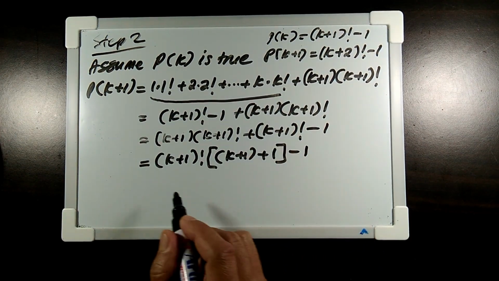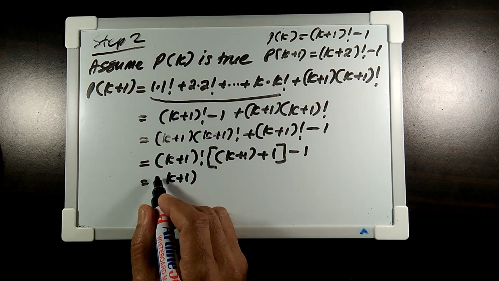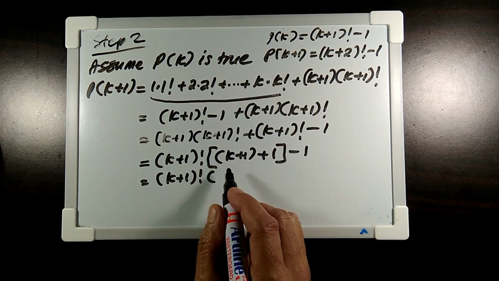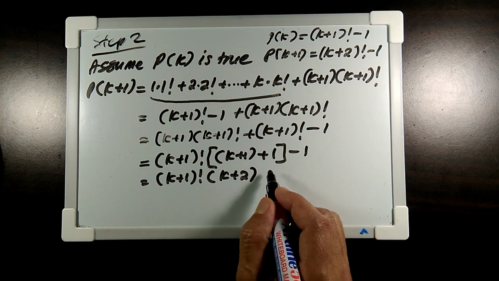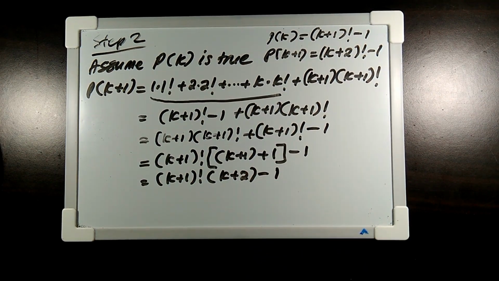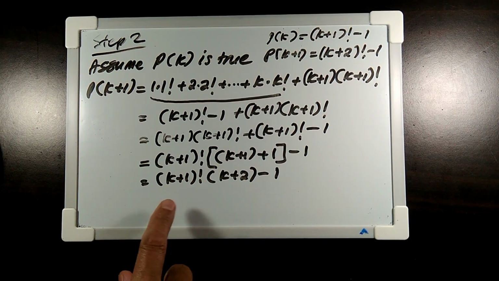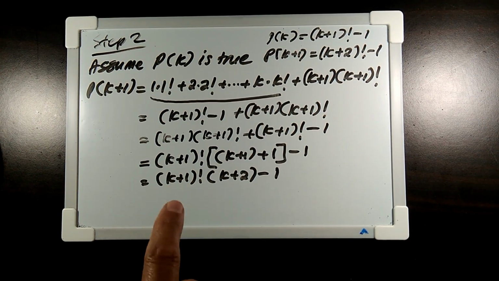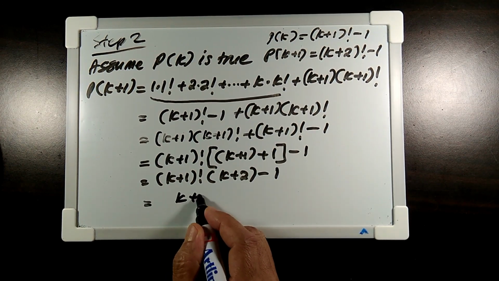And minus 1 there. So what we have is (k plus 1) factorial multiplied by, let's simplify this, k plus 2, and then minus 1. If you look at these two terms carefully, (k plus 1) factorial multiplied by (k plus 2) is the same as (k plus 2) factorial.